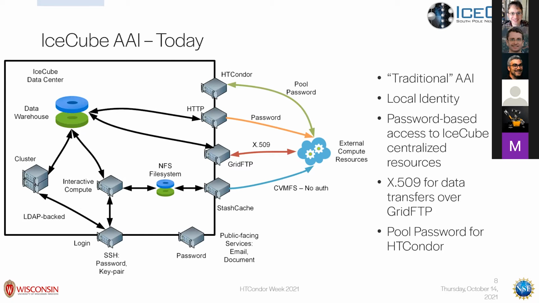This is all LDAP backed, where you have this IceCube data center that provides data warehousing, cluster, some interactive compute, and some ancillary services such as email, document services, the business side of things. And it's password-based access for the most part. So users use passwords or a key pair to get to the data, and then do all their work locally. That is kind of falling apart.